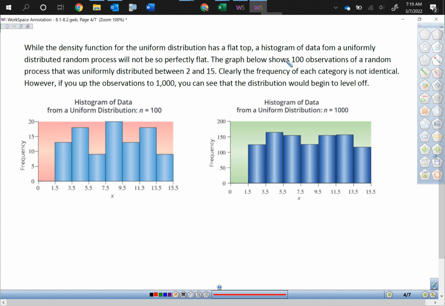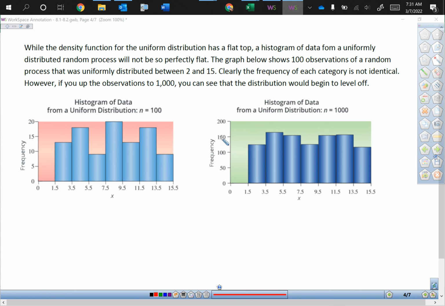The graph below shows 100 observations of a random process that was uniformly distributed between 2 and 15. Clearly, the frequency of each category is not identical. However, if you up the observations to 1,000, you can see that the distribution would begin to level off.